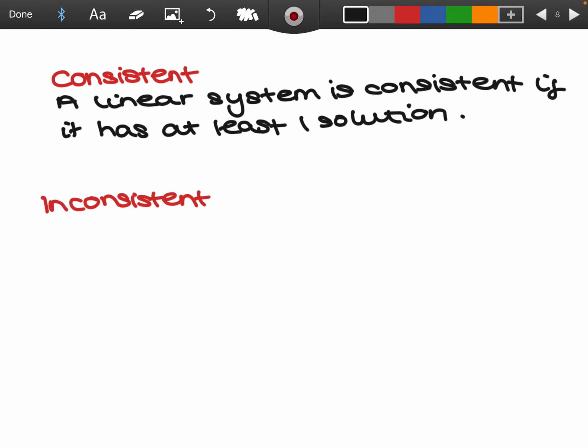In either of those cases, this system is said to be consistent. So as long as you can find one solution to the system of equations, it's consistent. A linear system is inconsistent if it has no solutions. So it's just another way to describe what's going on if you have one or infinitely many solutions or no solutions. It's just another word for it.